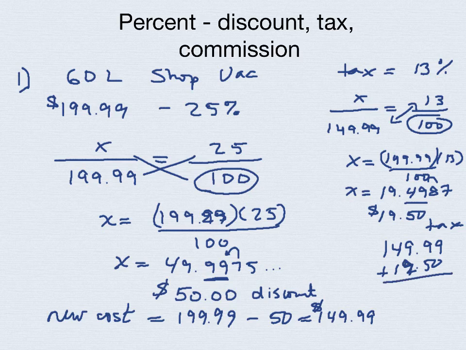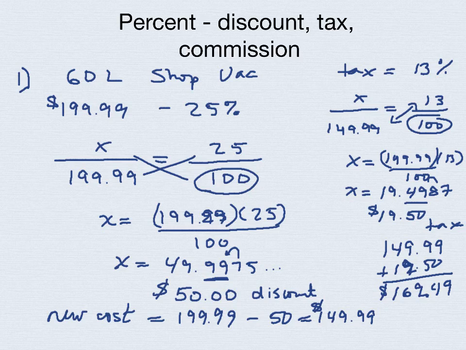You add that together, and that's going to give you your new total of $169.49. That's the cost to get the item out the door. So the first thing we did was we took the discounted amount off, and then we calculated the new amount, took the 13% and added it on to get the value after tax.